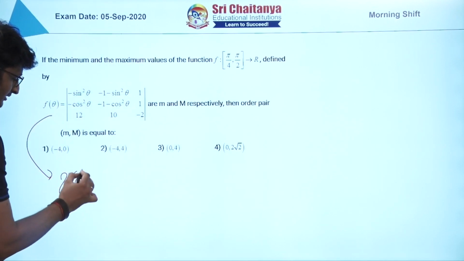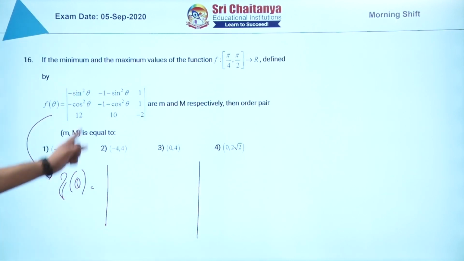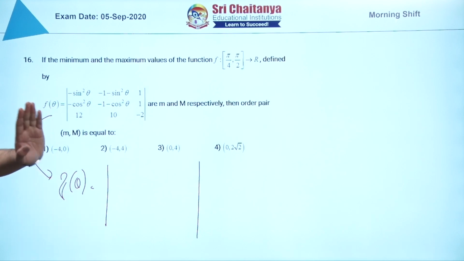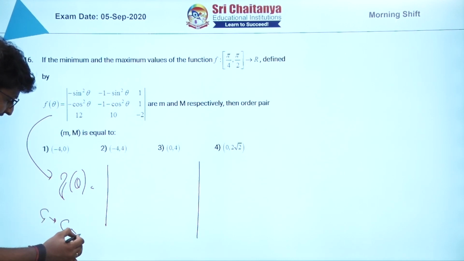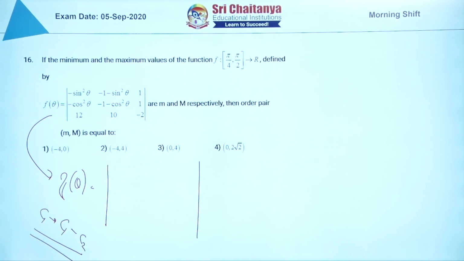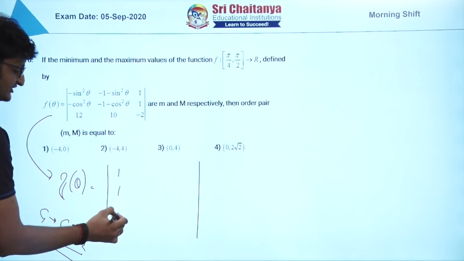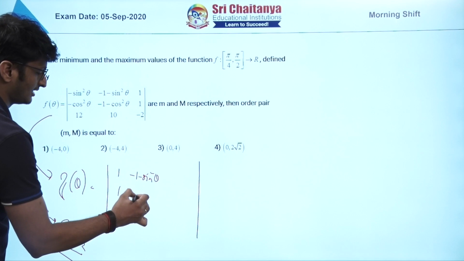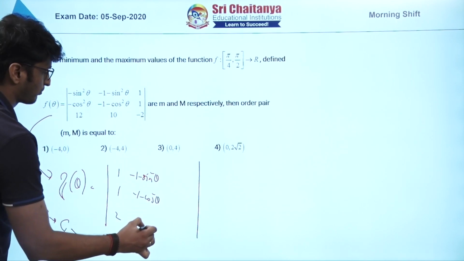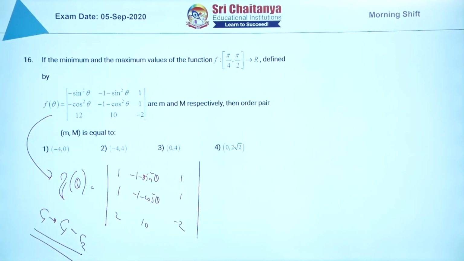F of theta, by using the row and column transformations, what we can get: suppose I am writing column 1 as column 1 minus column 2, what we will get, minus sine, it will be 1, 12 minus 10 it will be 2, minus 1 minus sine square theta, one and minus 2, correct.